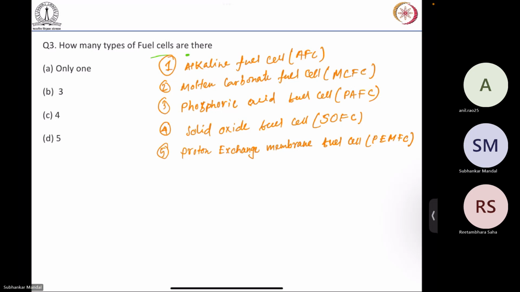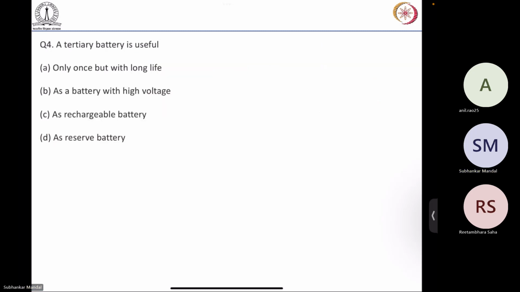Okay, so these are the 5 types of fuel cell. So that means option D is the correct answer. So you people can remember these 5 types of fuel cell, because it may be asked in the exam also.